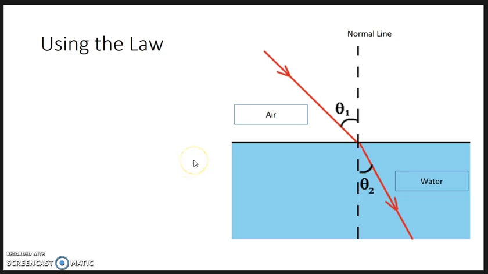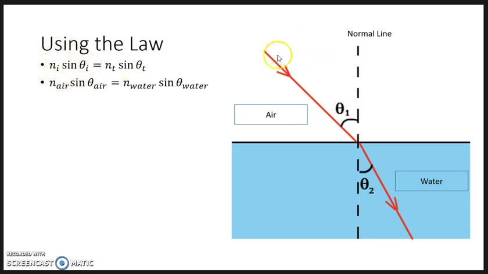So we have our equation here. This is our general equation. Now let's set it up as specific to our problem. Our angle of incidence side is the air side, because we're coming in from the air, entering into the water.